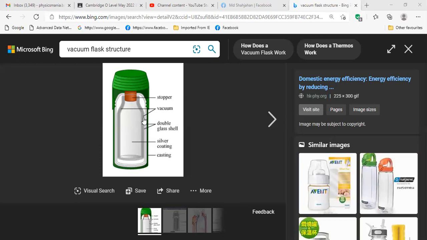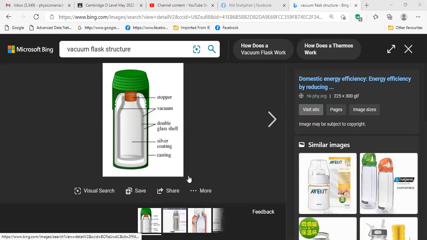And the other part of the container, you see here we have a double glass shell, and inside it there is vacuum. Vacuum means hollow, isn't it? Yes, sir.